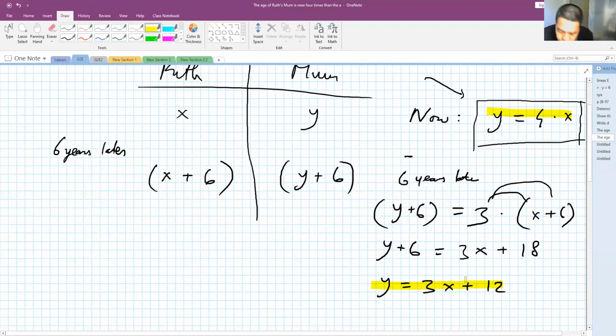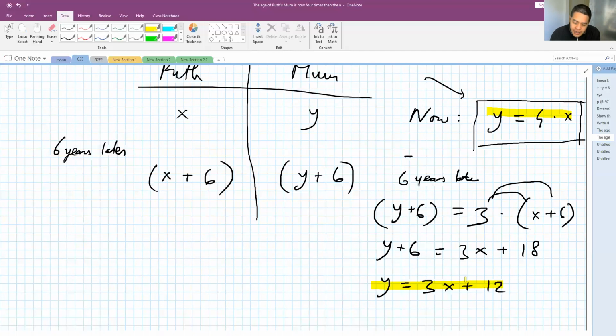And like I told you in the previous session, we are now dealing with linear equations that have more than one unknown. In this case, we have two unknowns or two variables.